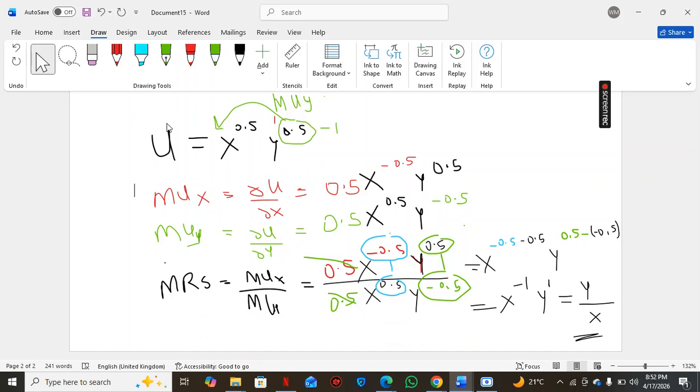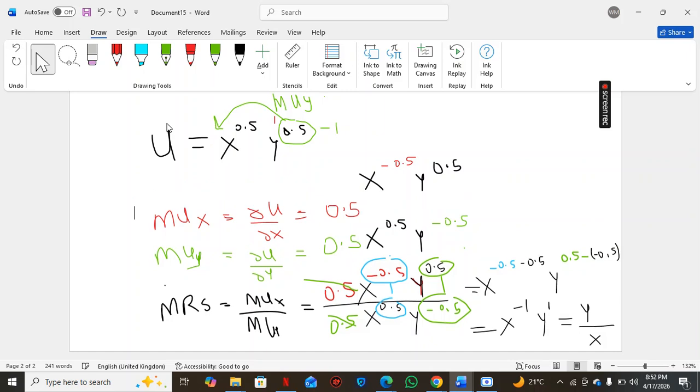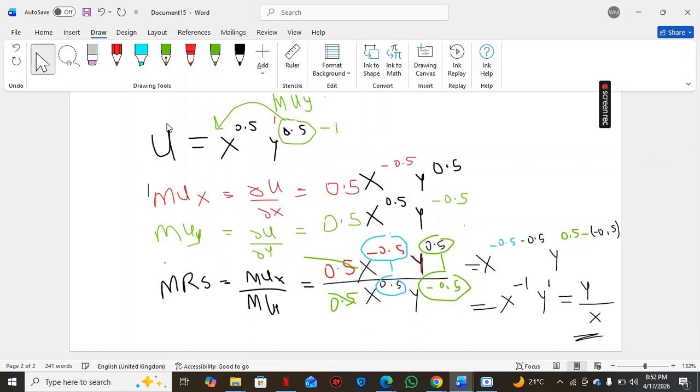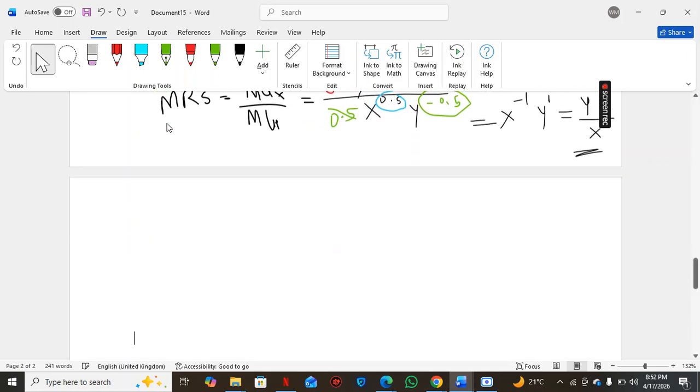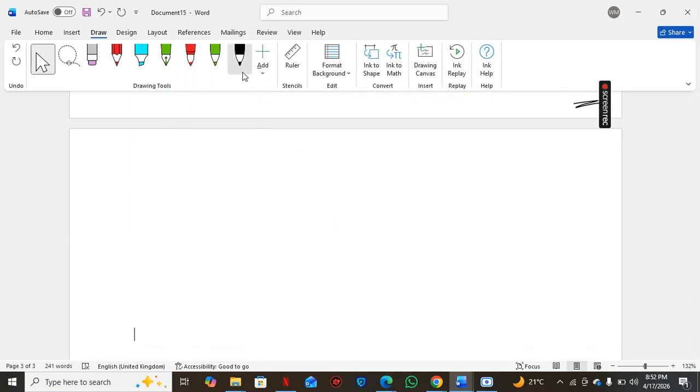So when we combine these two things, the indifference curve and the budget constraint line, this is where we get our optimal condition. Now, this is our budget constraint line, and this is the indifference curve.